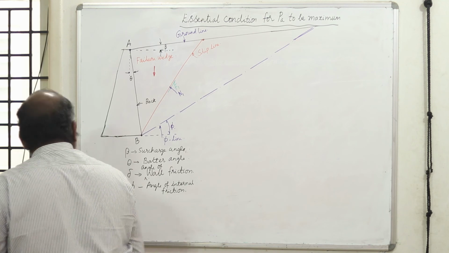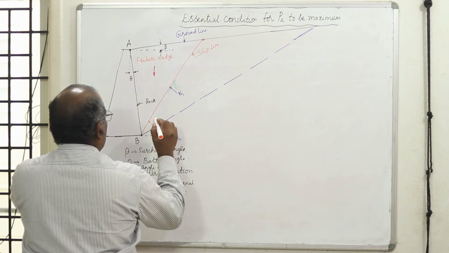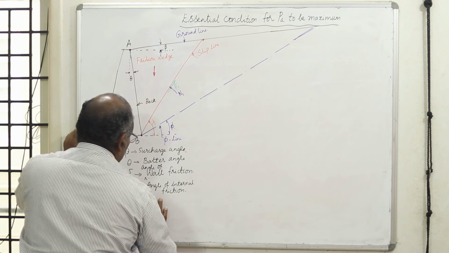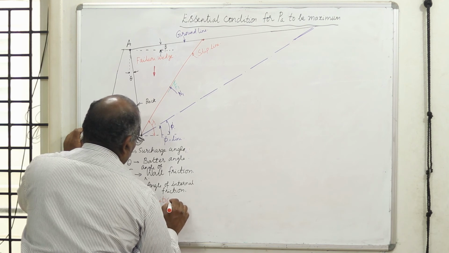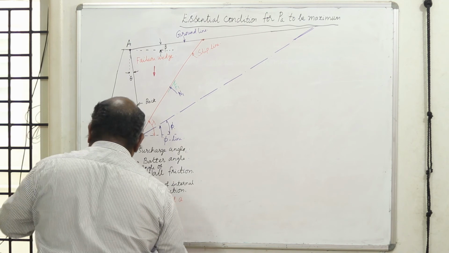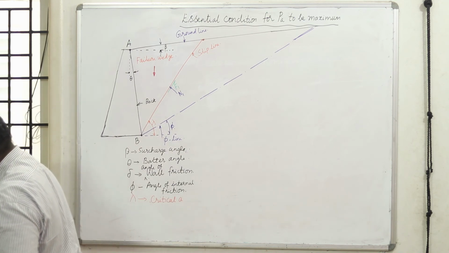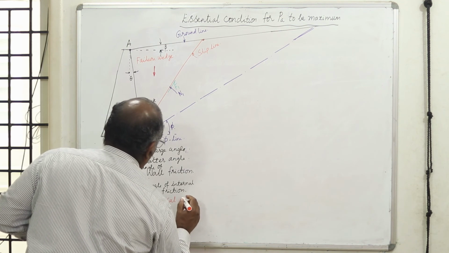Now this angle, let us represent this angle as lambda. Lambda is called the critical angle or inclination of the critical slip angle.